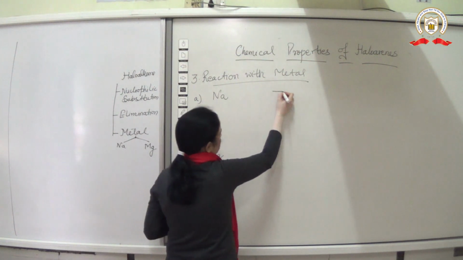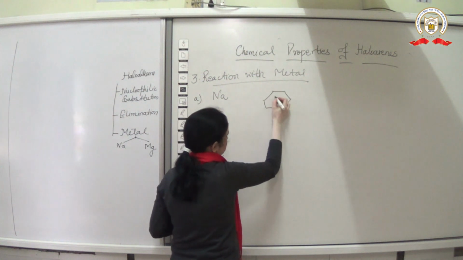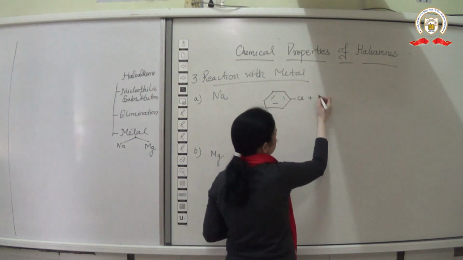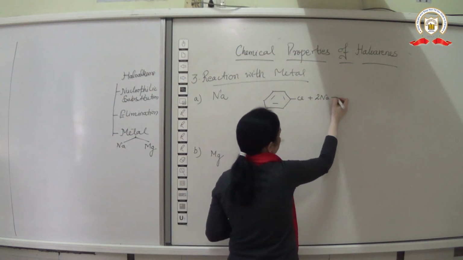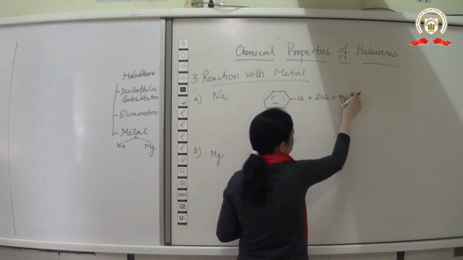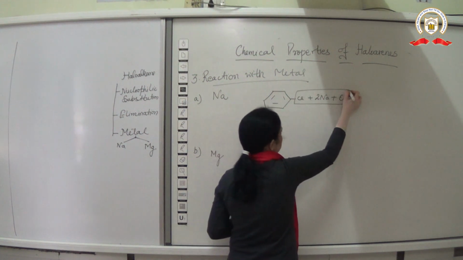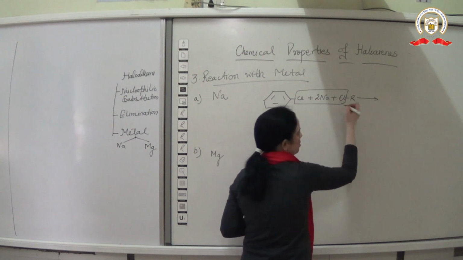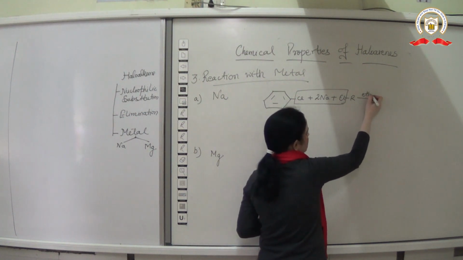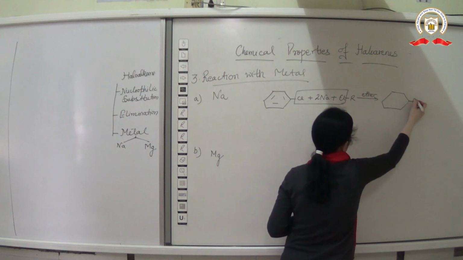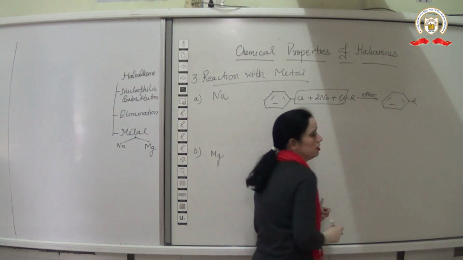So taking halobenzene, chlorobenzene, 2Na, and RCl. The same method is applicable. In the presence of ether, what we get is the R group attached on the benzene.